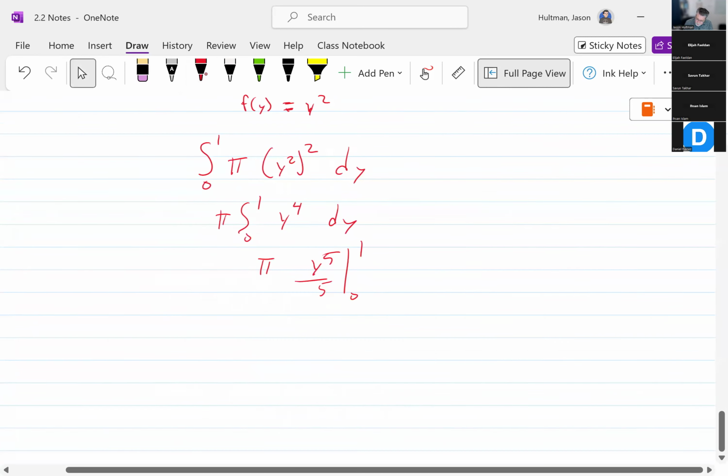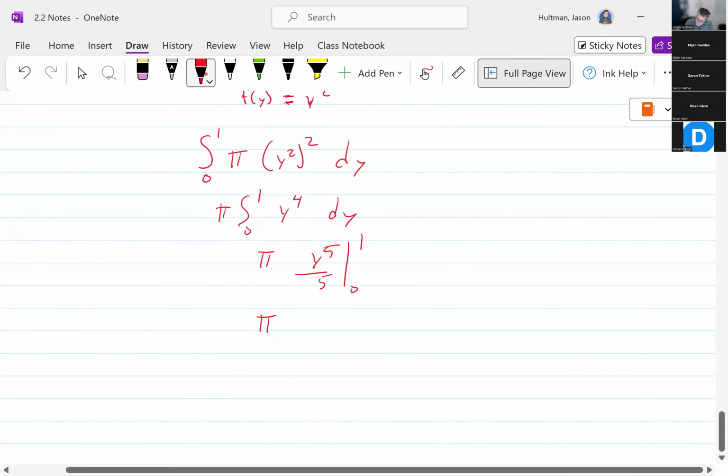Plugging in 1, I should end up with 1/5. And I do. It becomes pi times 1/5, which is pi over 5.